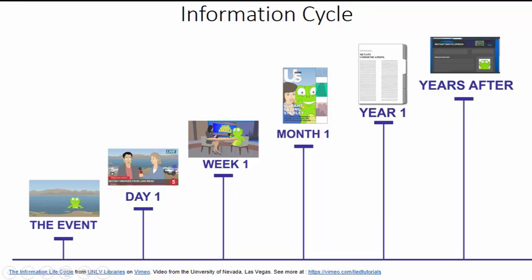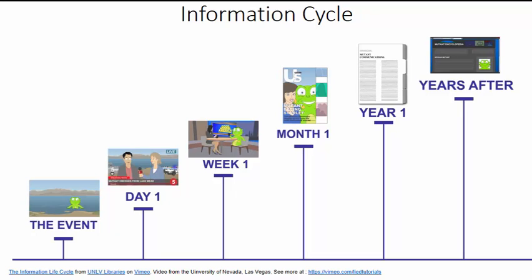The theme of your assignment is popular culture. This is an information cycle timeline provided by the University of Nevada, Las Vegas. It helps to illustrate how when an event occurs, we see it reported in the news or on somebody's blog or Twitter or Instagram.